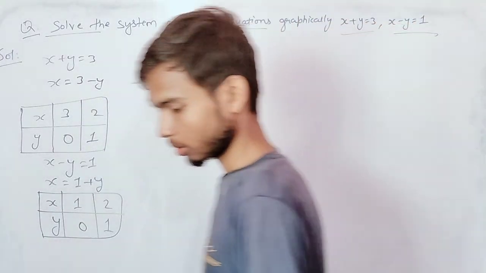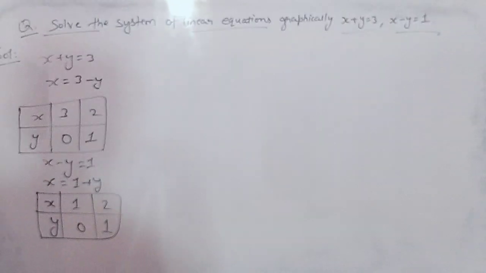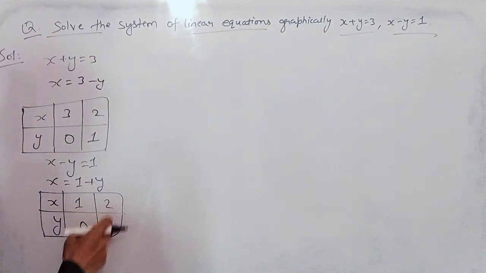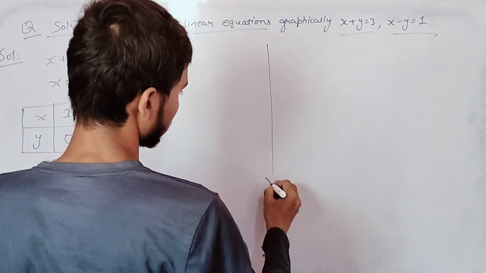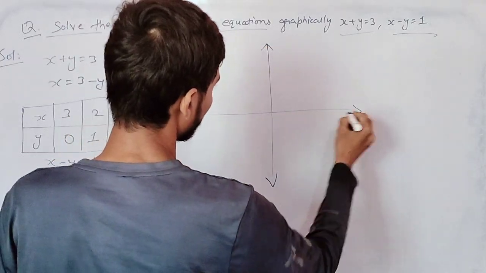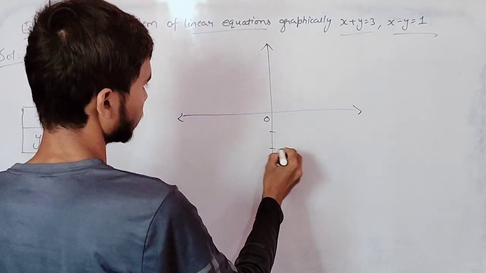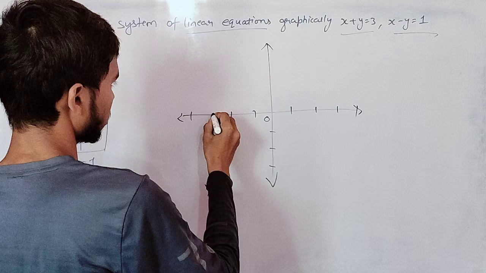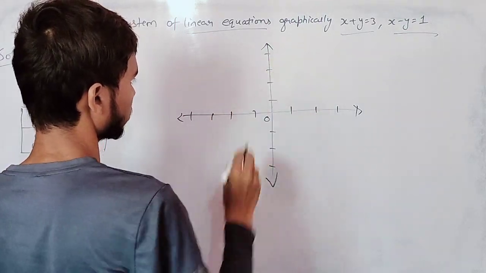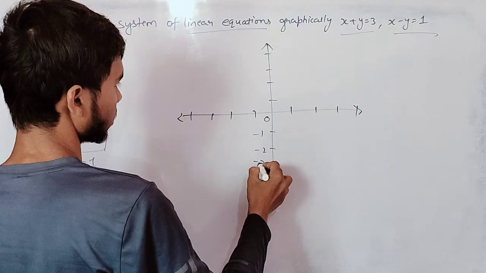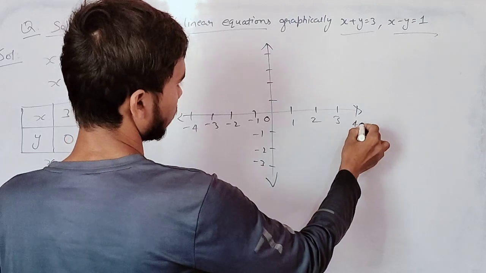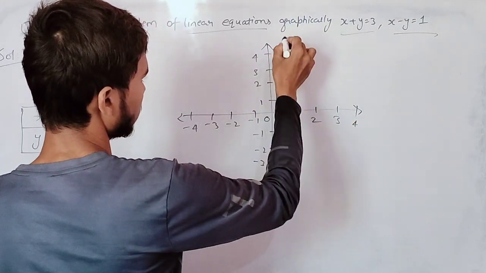Now we need to draw a graph in which we can plot these coordinates. So I think 0, 1, 2, 3, 4 on the positive side, and minus 1, minus 2, minus 3, minus 4 on the negative side, and the same on the other axis.